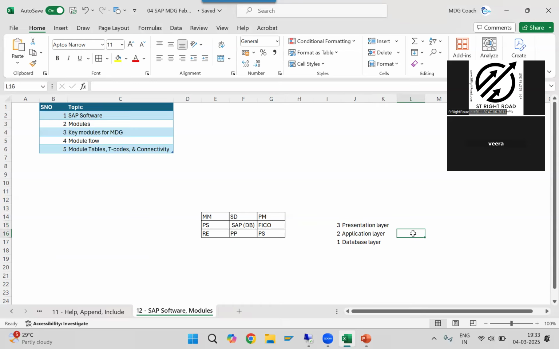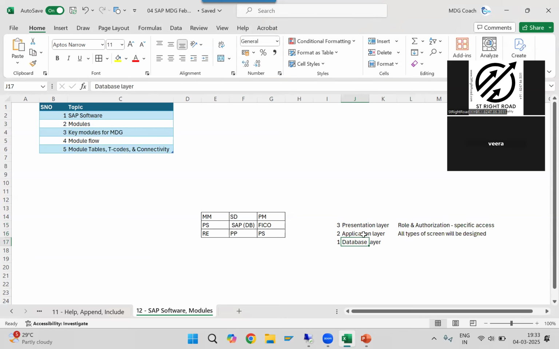Here, all types of screens will be designed. So coming to the presentation layer, it is authorization specific, roles specific, role and authorization specific access. Okay, let's say you entered the shopping mall.